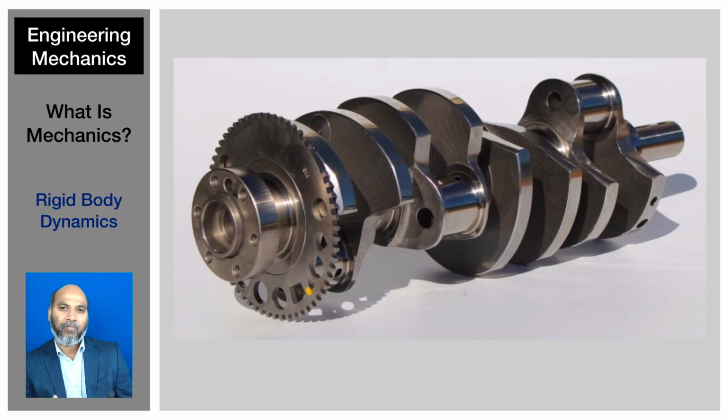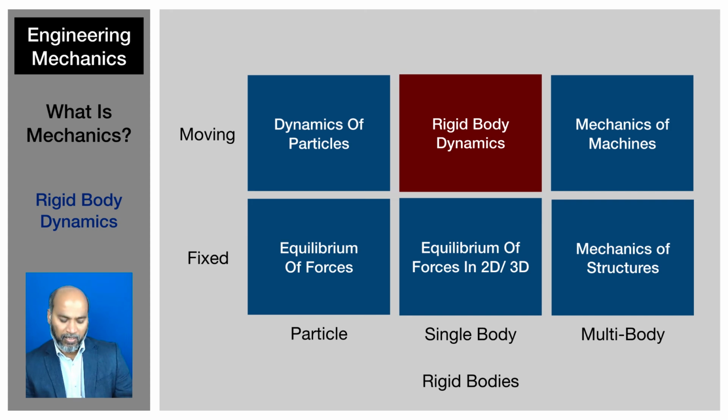In fact, that wobble is purposely designed in order to balance the automobile engine. So the point is, when you analyze something like this, you're talking about dynamics of a solid body. It is rigid body dynamics.